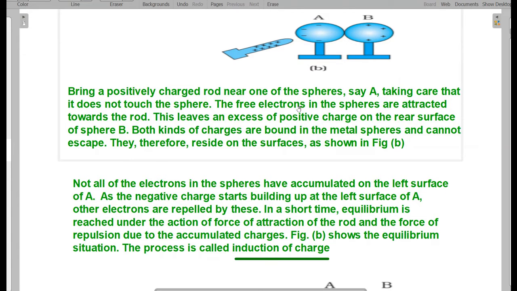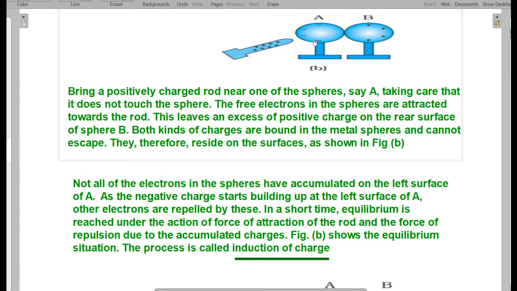We can see not all the electrons in the spheres have accumulated on the left surface of A. Why? As the negative charges start building up on the left surface of A, other electrons are repelled by these accumulated electrons.